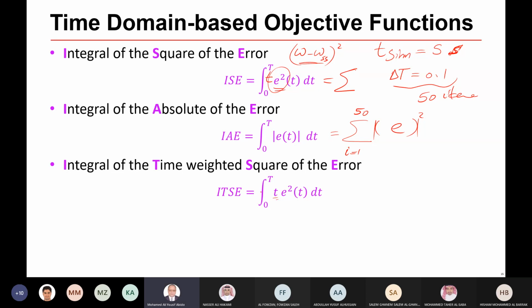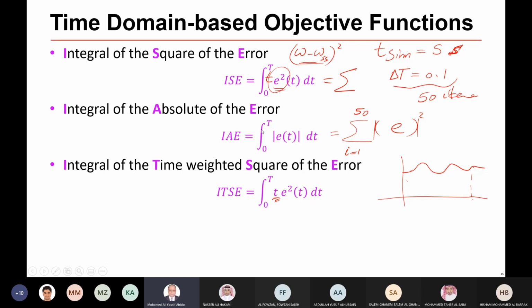Where you penalize the error, if the error occurs at higher time, then it will be penalized more. Any deviation with the longer time will be penalized more. So this performance index or objective function will force the response to reach the steady state value in shorter time, and the time is involved here.